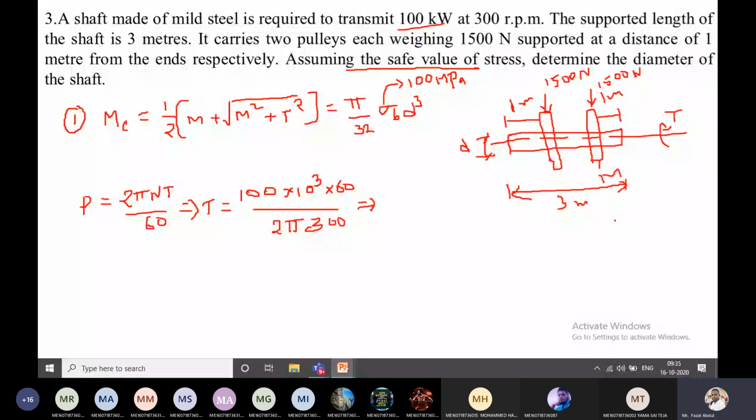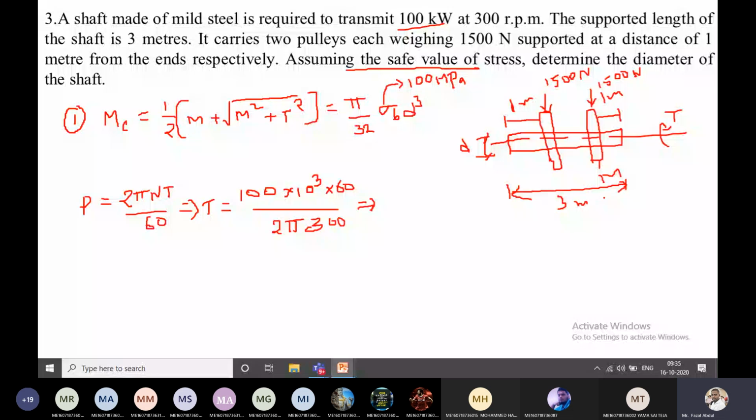If you forget to draw the diagram, some marks will be deducted, like 2 or 2.5 marks, because some marks are given to the diagram. Okay, don't forget to draw the diagram. If you read the question properly, you can easily draw it. And here the question itself gives your choice of selecting the stresses, and asks to determine the diameter of the shaft.